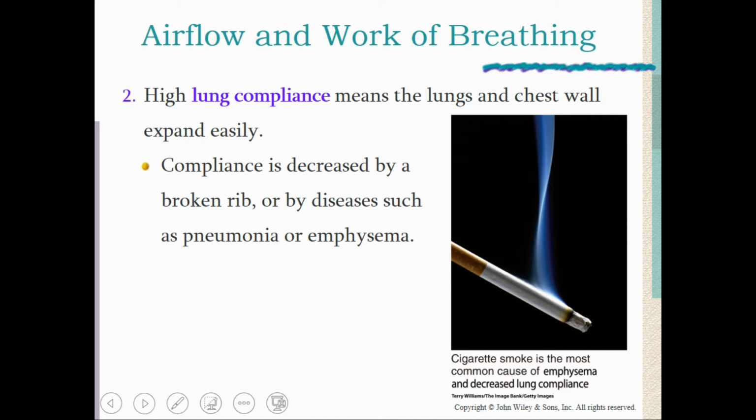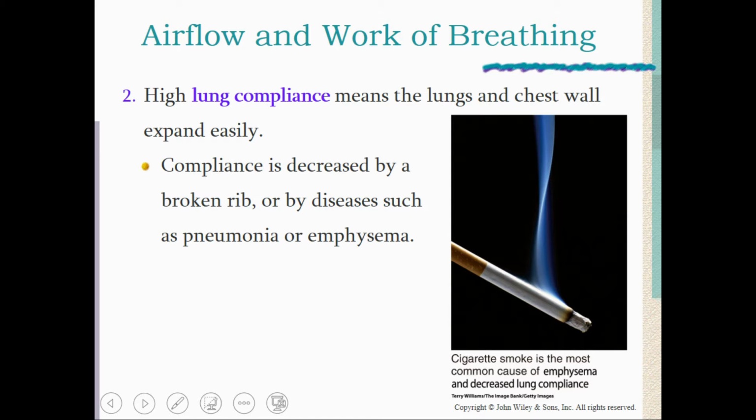In one of the classes, we talked about how it's impossible to lie on the bottom of a swimming pool and breathe through a hose. And the reason is the water pressure compresses your chest to the point where you cannot expand your chest enough to get under that 760 millimeters mercury to decrease the pressure to allow the atmosphere to push the air into your body.